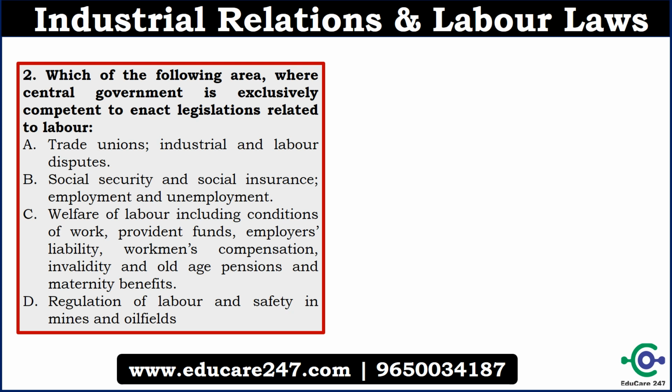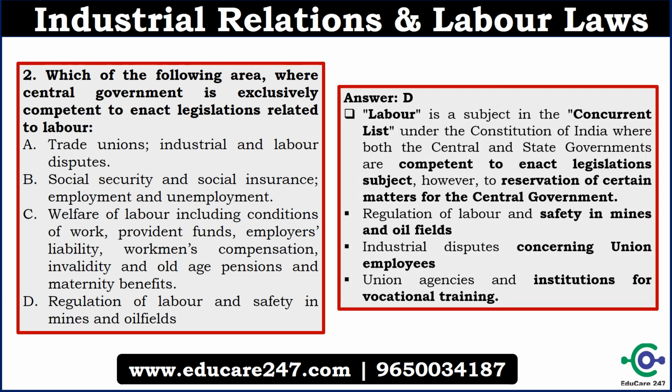Option C is welfare of labor, including conditions of work, provident fund, employer's liability, workmen's compensation, old age pensions and maternity benefit. Option D is regulation of labor and safety in mines and oilfields. So basically the answer is D.